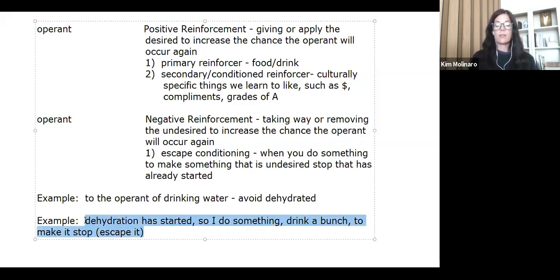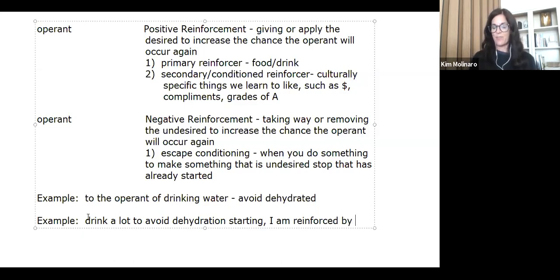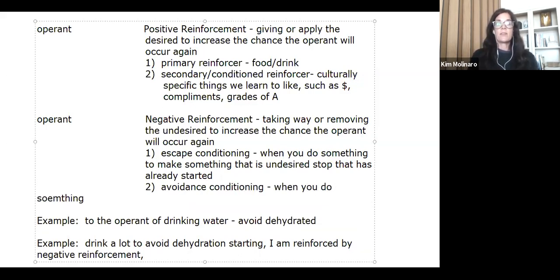When I drink a lot to avoid dehydration starting, I am reinforced by the second type of negative reinforcement, and it's called avoidance conditioning. Avoidance conditioning is when you do something so the undesired does not start.